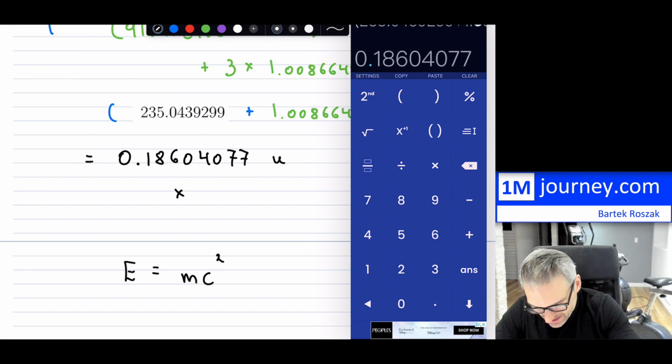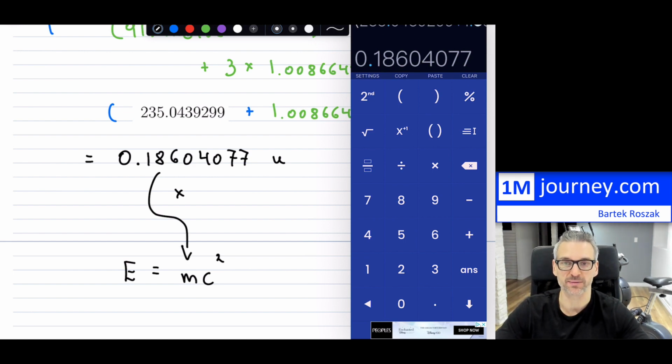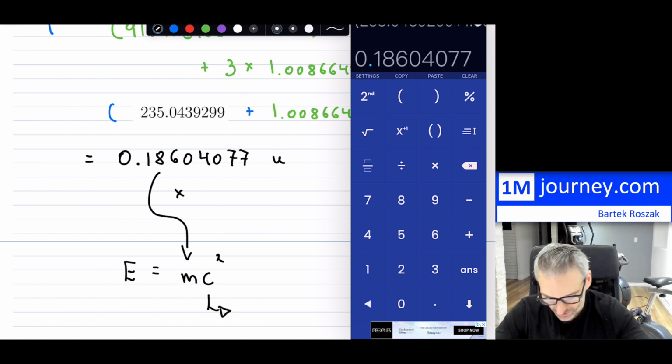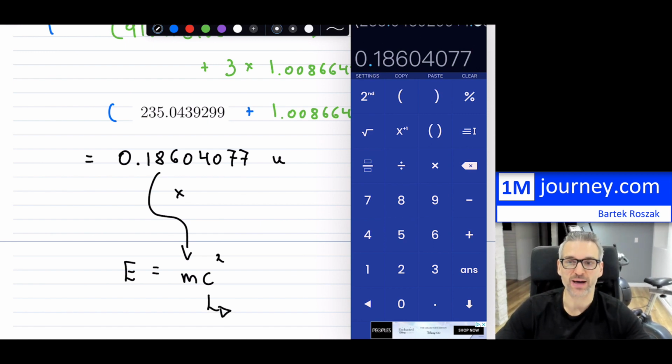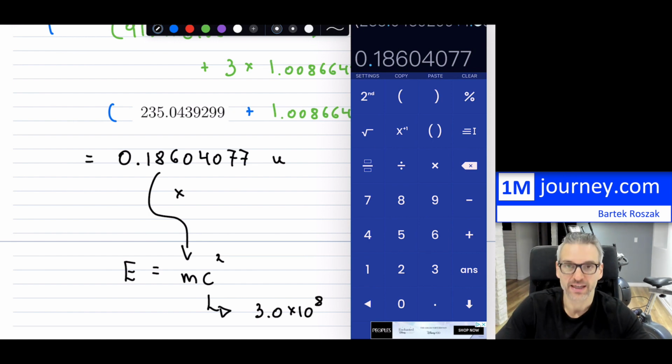I need the mass in kilograms to make it metric SI units. And then the speed, you can use whatever rounded value you like. I'm going to use the speed as just 3.0 times 10 to the 8, so this is definitely rounded, and I'll round my answer to 2 sig figs as well.